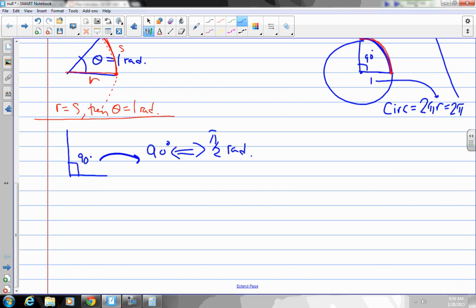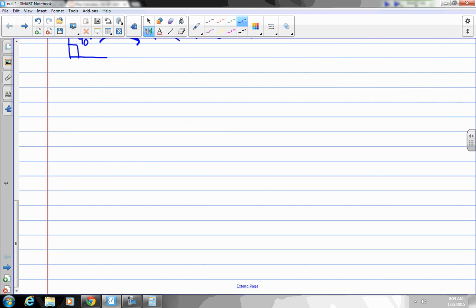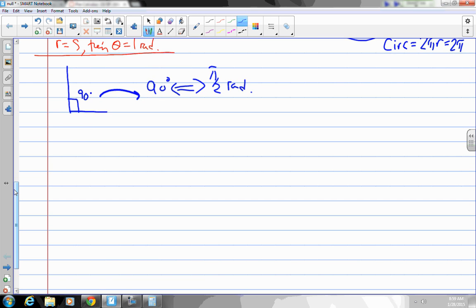We can do the same thing with, let's say, a 60-degree angle. So if I look at the 60-degree angle, and I think of this in terms of a circle, if the angle is 60 degrees and I make a circle around it, then the ratio of this arc length to the circumference should be 1/6, right? Because 60 degrees goes into 360 6 times.